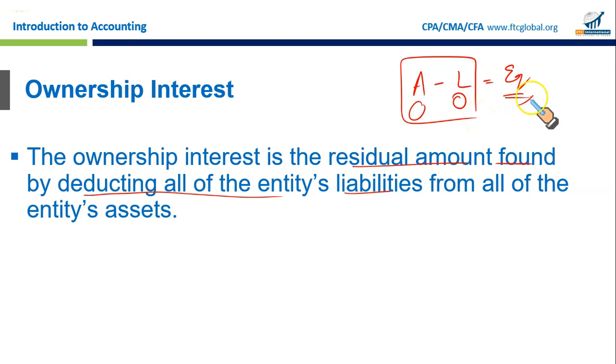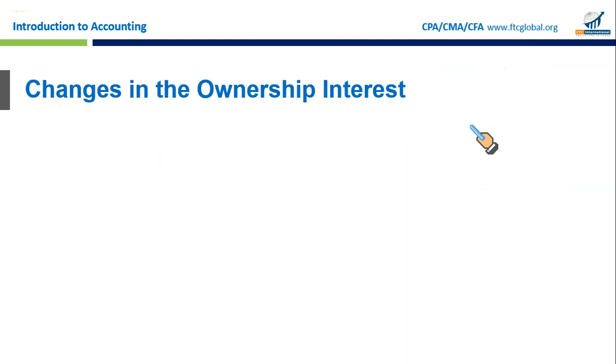So the question is, what would be the figure for equity? It is totally dependent upon the recognition of assets and the recognition of liabilities. Their net will give you the ownership interest or the residual interest, or equity, or sometimes called net assets. Okay, now we have this accounting equation, assets minus liabilities is equal to equity.